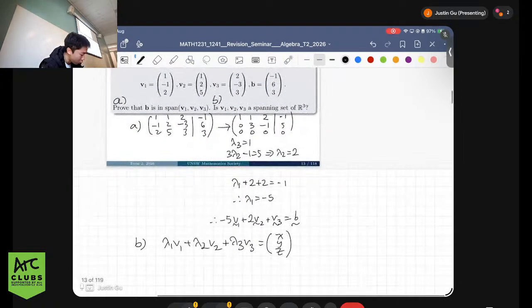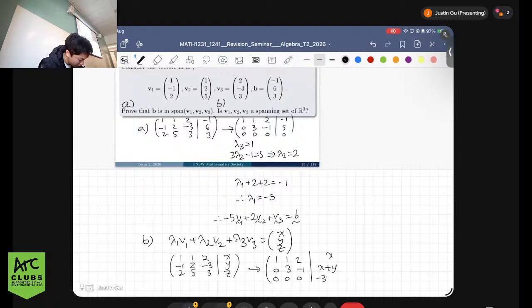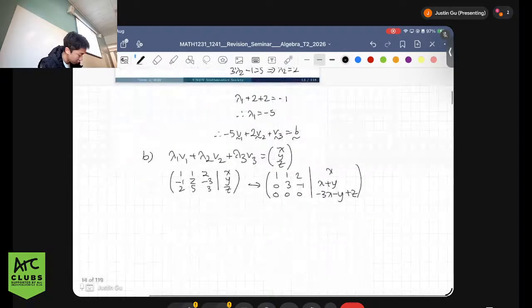Doing what we did before, we can write the matrix again, except this time we replace the right side with x, y, z. Similarly, we row reduce it, and on the right side you should get x, plus y, minus 3x minus y plus z.